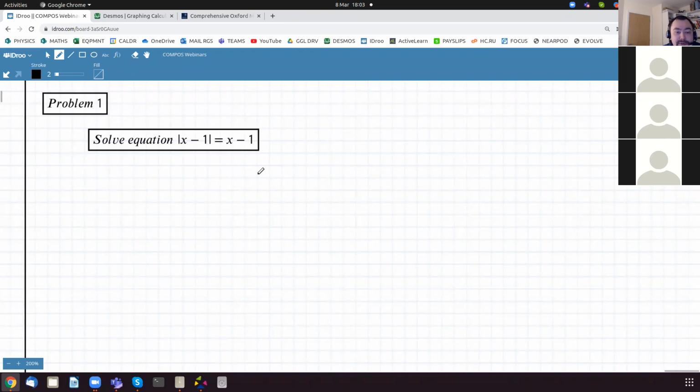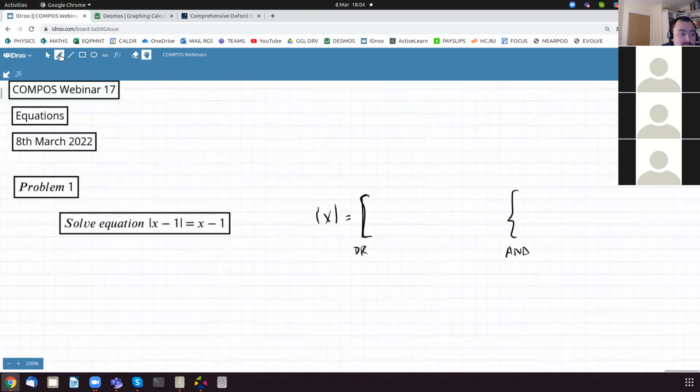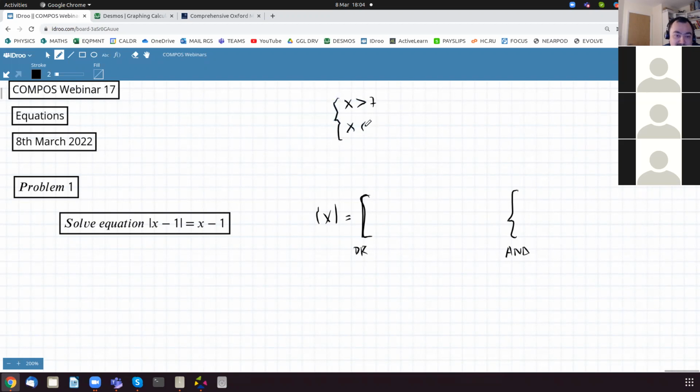But let's refer to the definition of the modulus. The definition of the modulus of x is equal to, now the square bracket means "or", and the figure bracket means "and". So for example, if you write x is greater than 7 and x is less than 10, that means x can only be between 7 and 10.